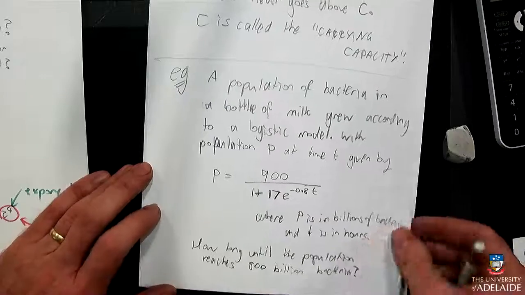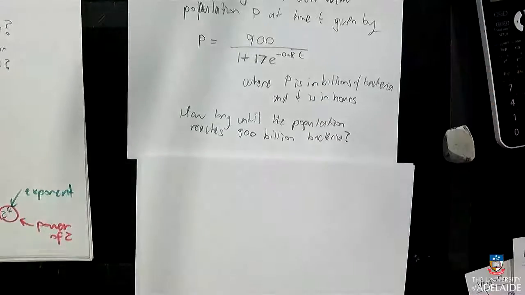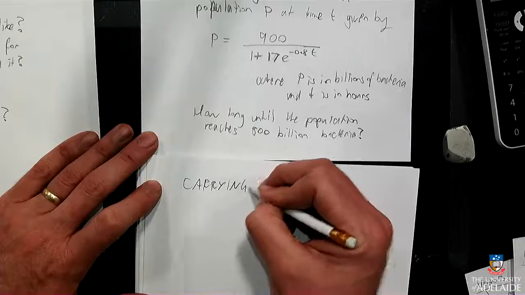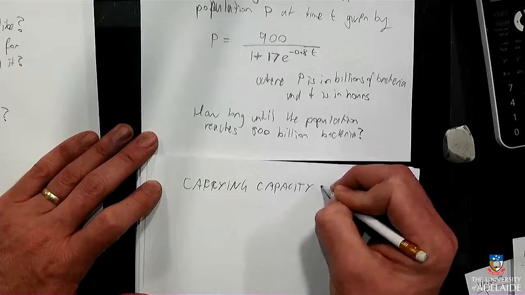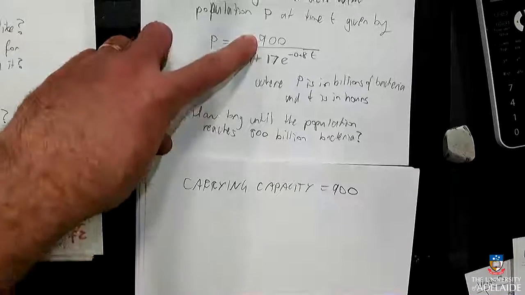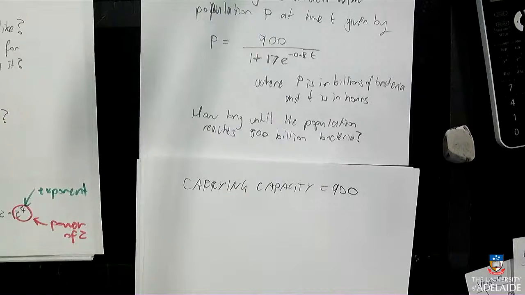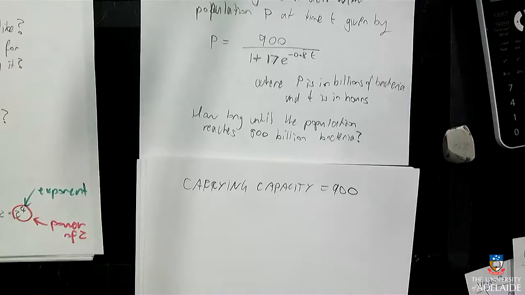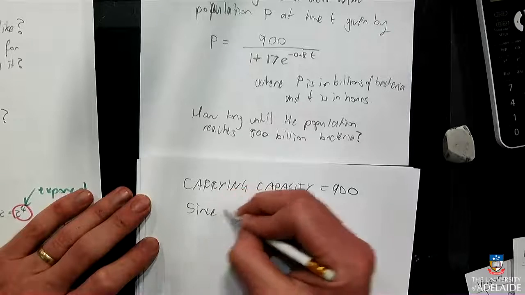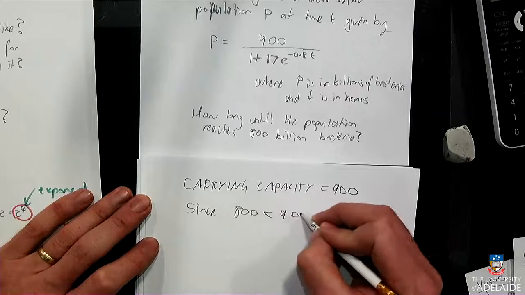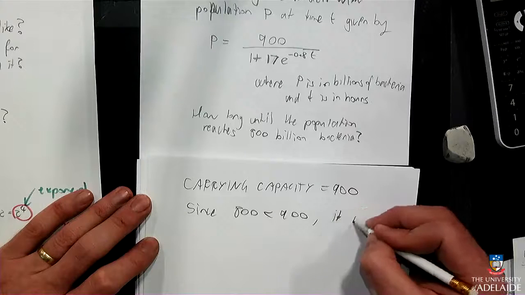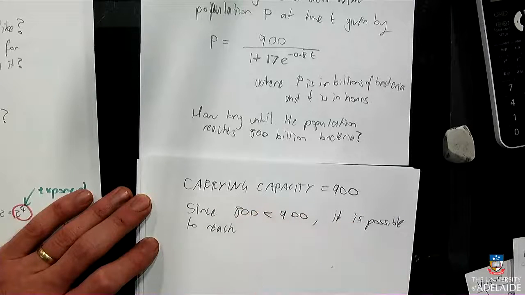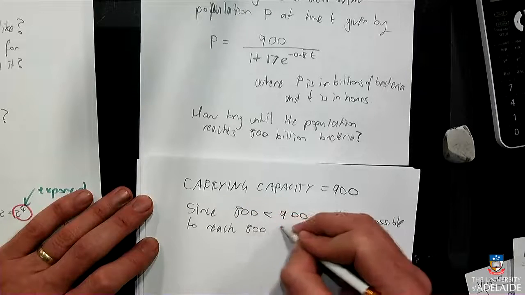Okay, so the first thing I'm going to notice is that the carrying capacity is 900, because that's the position the carrying capacity goes in this formula. And since 800 is less than the carrying capacity, it is possible to reach 800 billion.